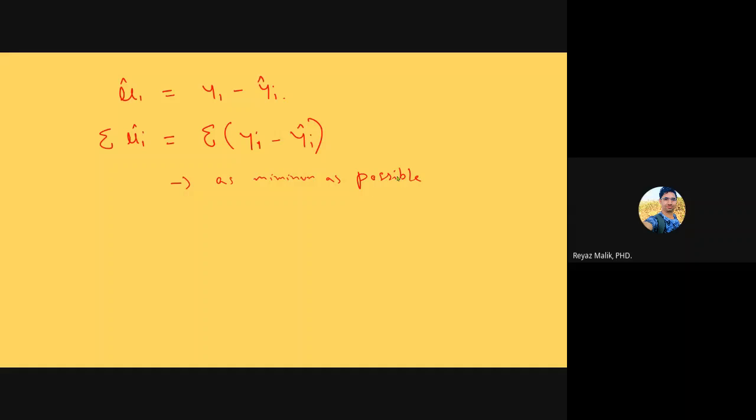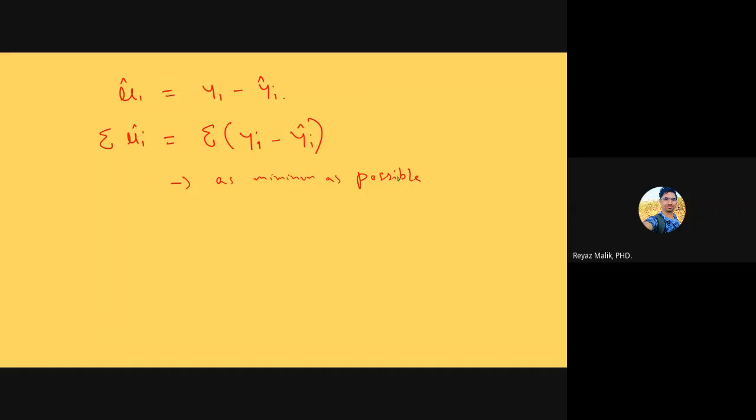This will not always give us the correct result, because sometimes it will approach zero, and at that time we will not be able to find whether the error really exists or not. That is the problem.